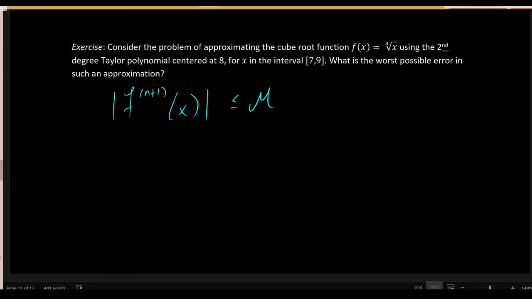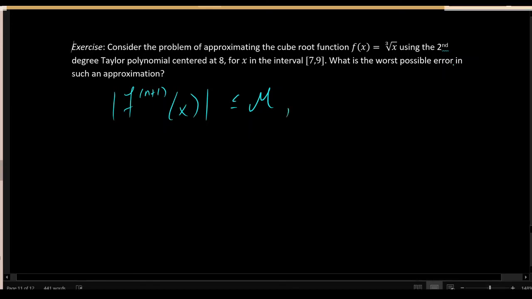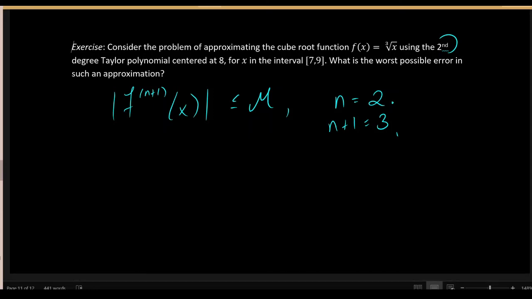Now in this problem, what we do know is that we are working with the second degree Taylor polynomial. So n is equal to 2 in this problem, and n plus 1 is equal to 3. So in order to get a read on the value of the number m, I'm going to start by calculating the third derivative of the cube root function.